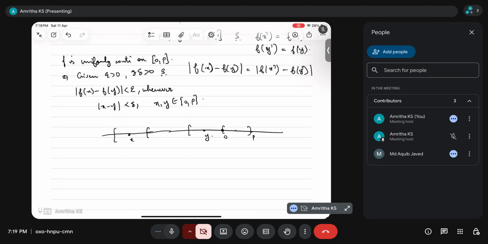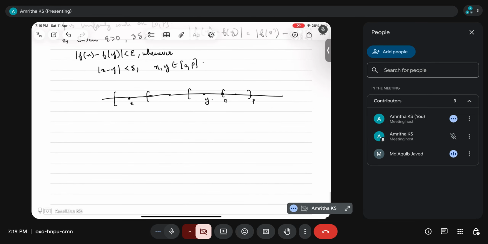No, I try to say that if |x minus y| is less than delta, then |x' minus y'| is less than delta. Is it true? x' and y' are from these intervals, right?